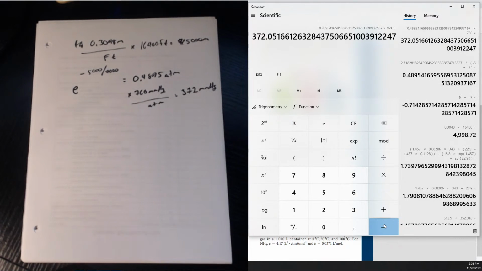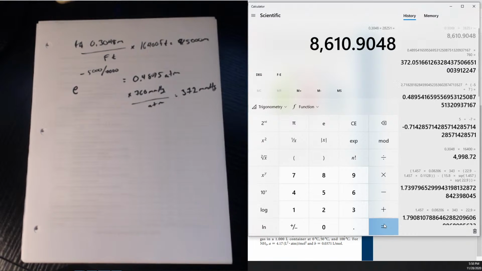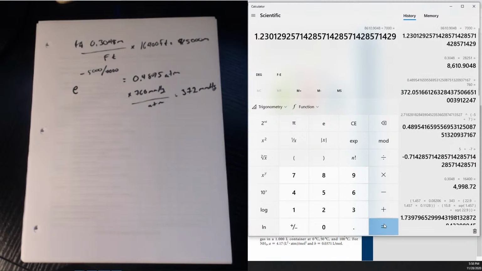What is the atmospheric pressure in millimeters of mercury at the summit? 0.3048 times 28,251 feet divided by 7,000, 1.230, e to the negative that.